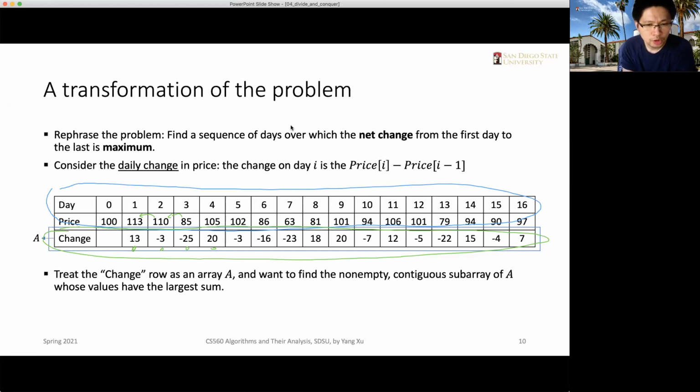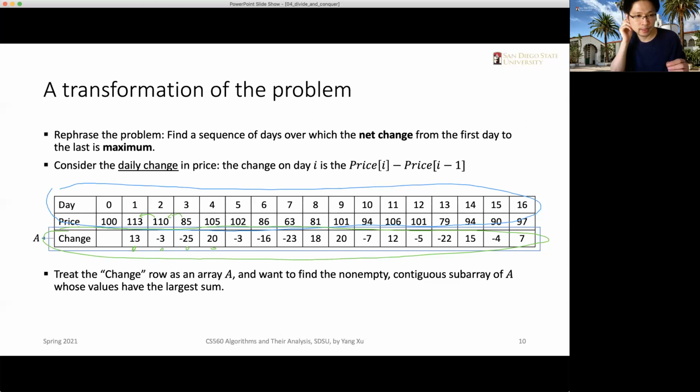If we treat the change row as our input now, what we are finding is the non-empty, contiguous subarray of A whose values have the largest summation, right? If we find the subarray with the largest summation, then it means the net change from that period is maximum.